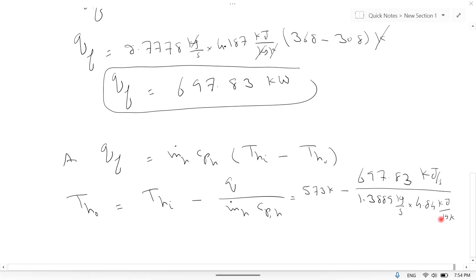Here kilogram will be cancelled with kilogram, per second with per second, kilojoule with kilojoule. So the final unit will be Kelvin.